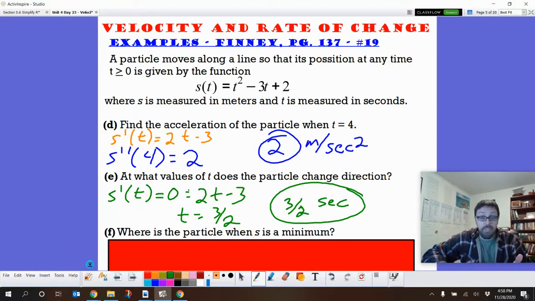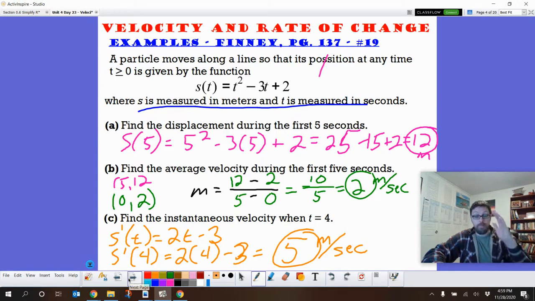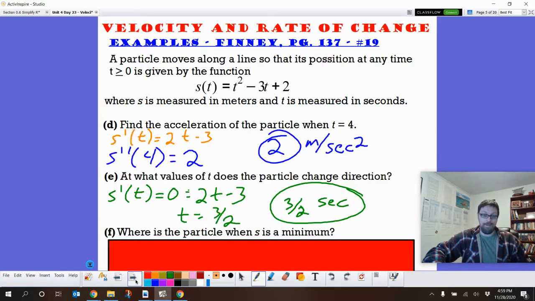Where is the particle's position s at a minimum? We could plug this into our calculator and see what's going on, but we could use this idea of derivatives. Earlier it was going at a particular speed, all positive, going up, so it was speeding up. Then it slows, stops pretty soon, turns around and starts going in the other direction.